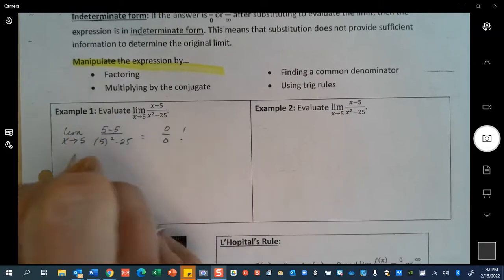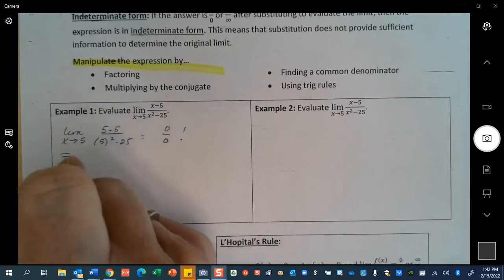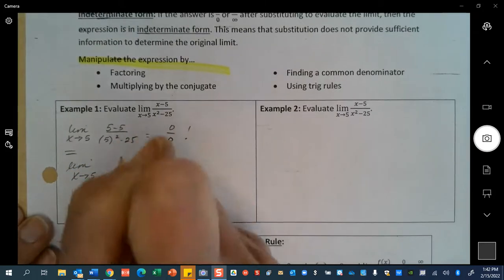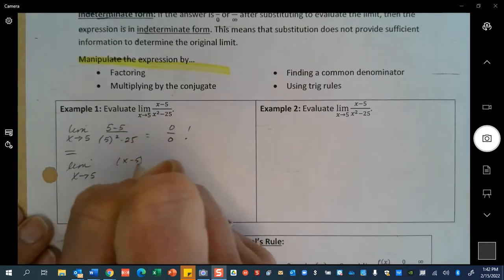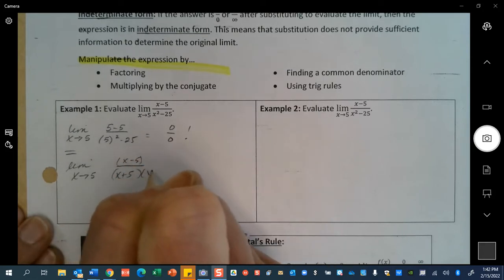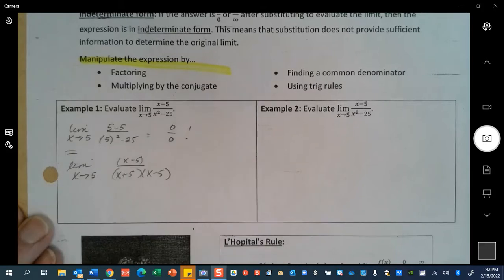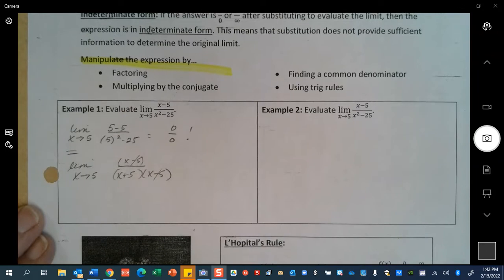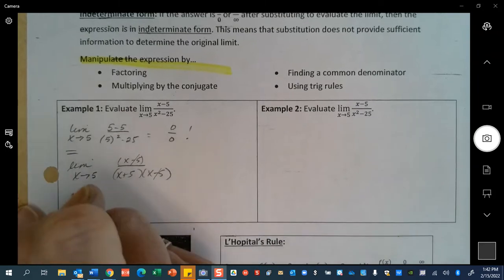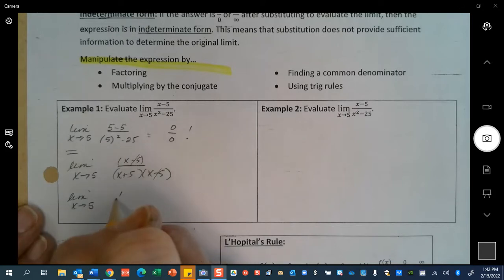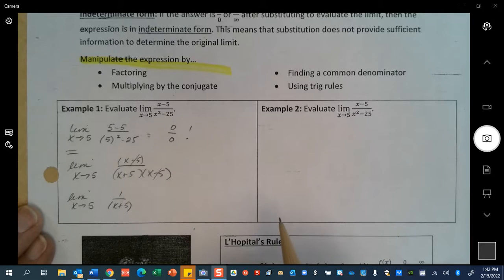So if we go ahead and we say, okay, the limit as x approaches 5 of x minus 5 over x plus 5, x minus 5. I've now factored that denominator, crossed off my common factor, so my limit as x approaches 5 of 1 over x plus 5.